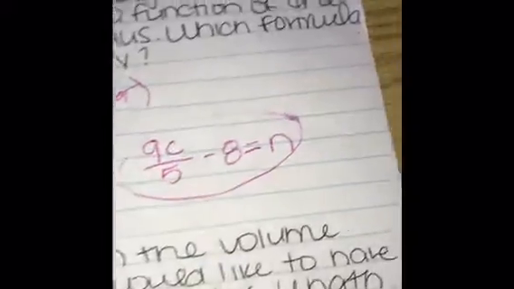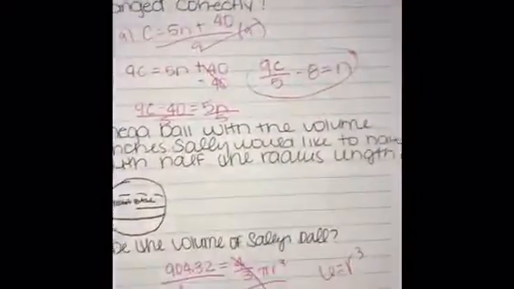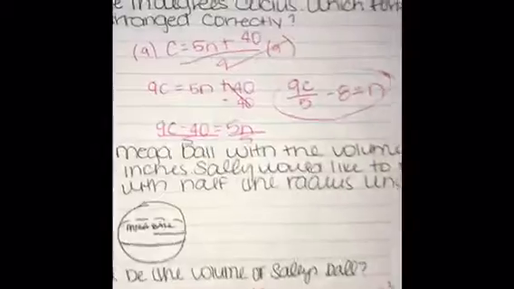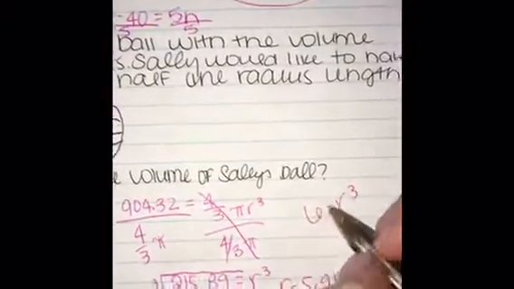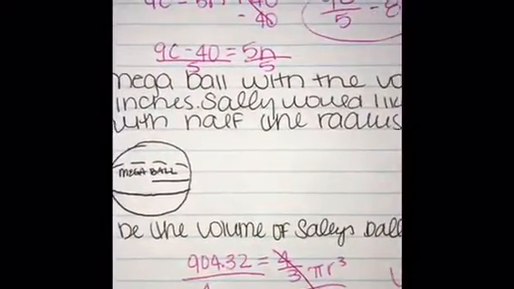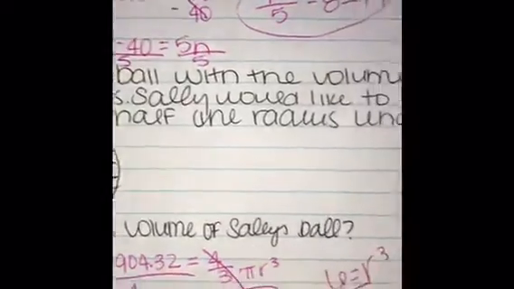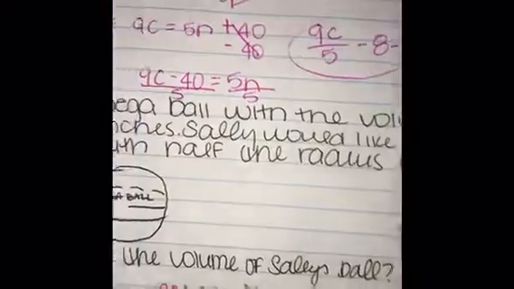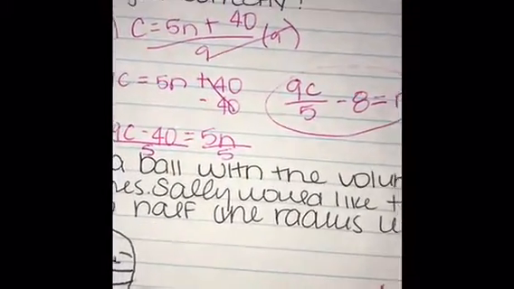Okay, and so we see that the radius of this ball is 6. Since Sally wants half the radius, we have to take half of this, and we get 3. And so now we know that the formula is 4/3 pi r cubed, so we'd have 4/3 pi 3 cubed.